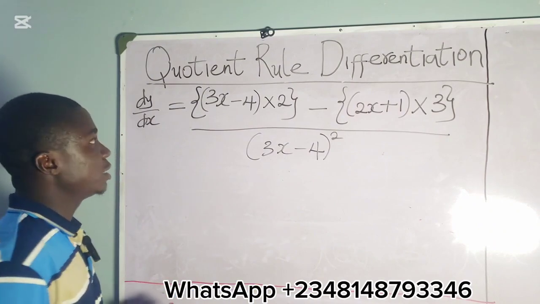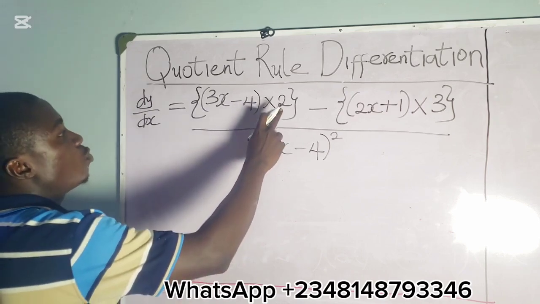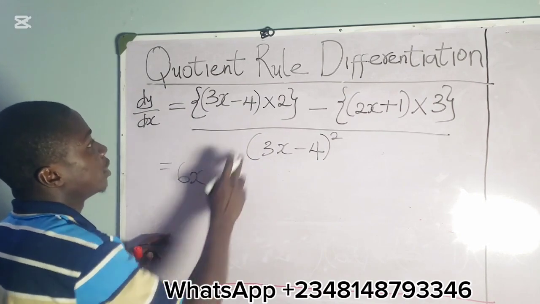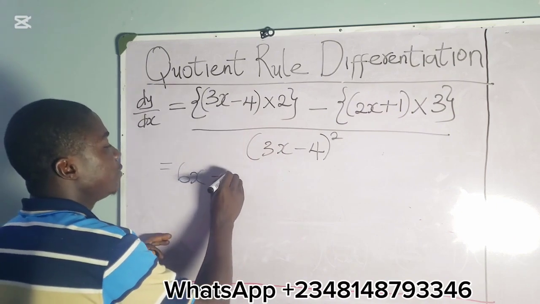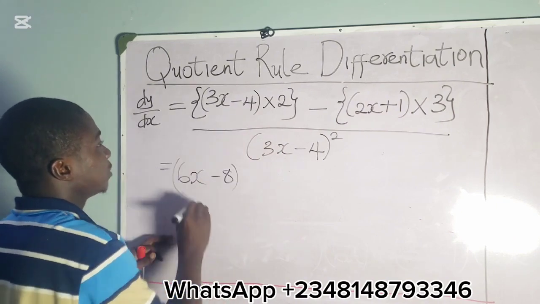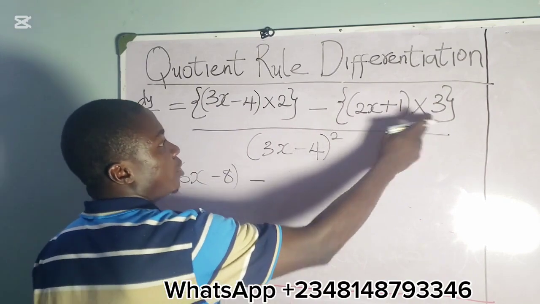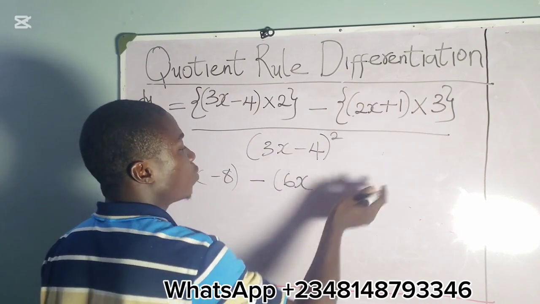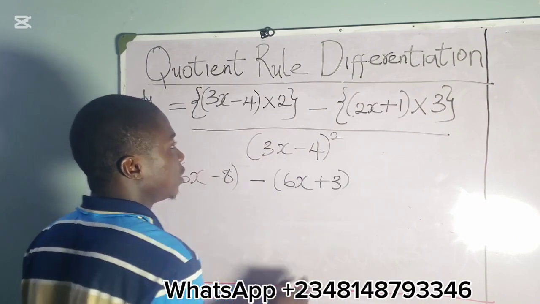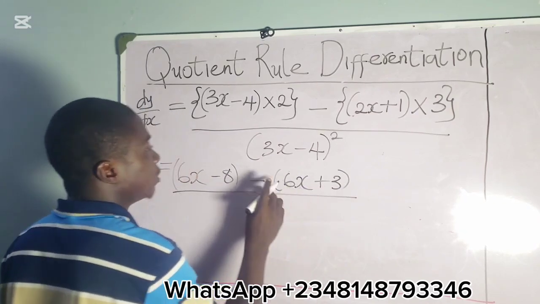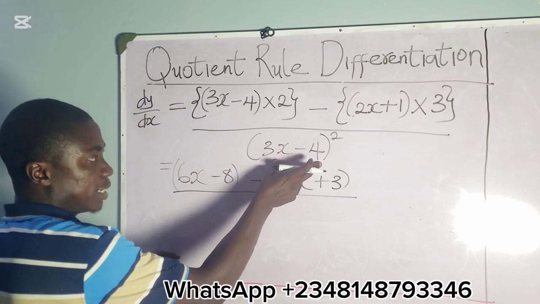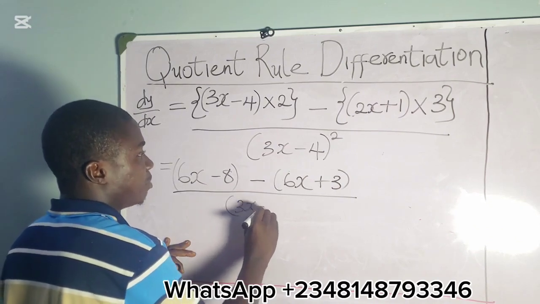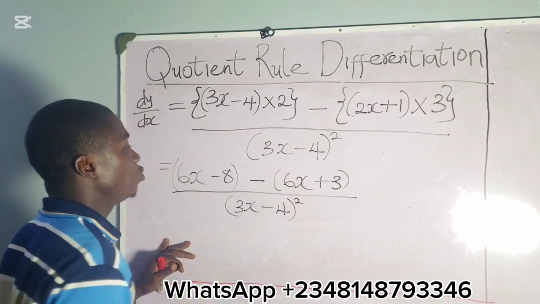All right, so if we expand this bracket, we are going to have 2 multiply 3x. 2 multiplied by 3x is what? 6x. 2 multiplies negative 4 is negative 8. Close the bracket. Minus 3 multiplies 2x is what? 6x. 3 multiplies 1 is positive 3. All over, we can choose to expand this bracket. We can also choose to leave it in this format. So we have here (3x - 4) all raised to power 2.